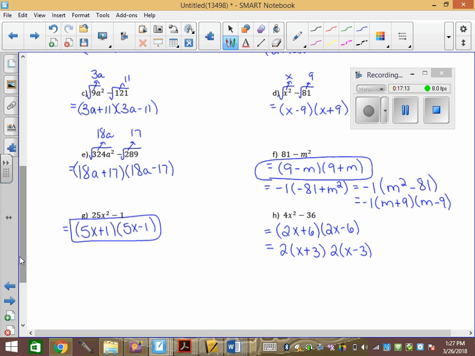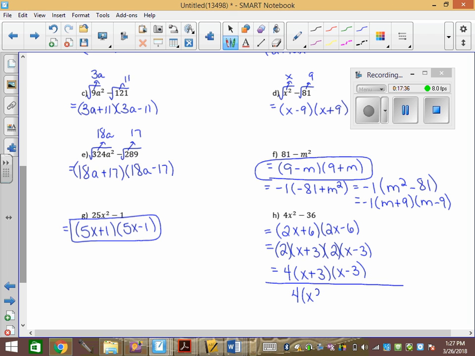Now this 2 and this 2 combine, because these are all just multiplied, correct? So you'd actually end up with 4 times x plus 3 times x minus 3, which is correct, but you did more work. That's why I said your step 1 should always be GCF.